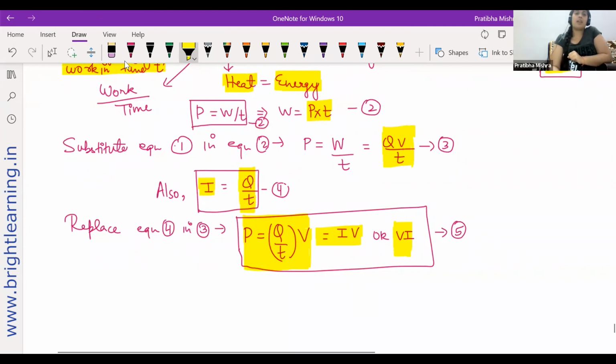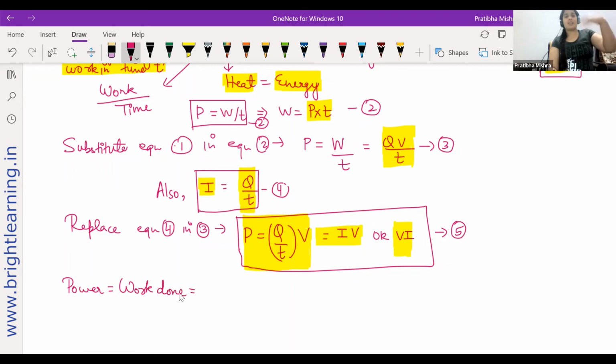Now, what is power? Power is nothing but work done. This work done is in operating electrical appliances, which gives us heat, which is also equal to energy. So replace P by H, heat.